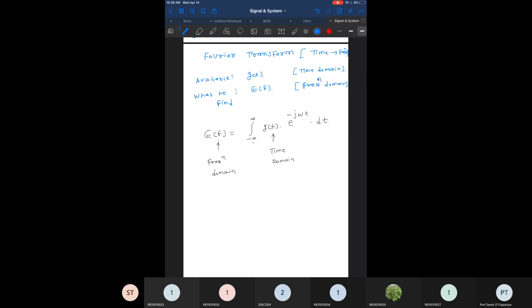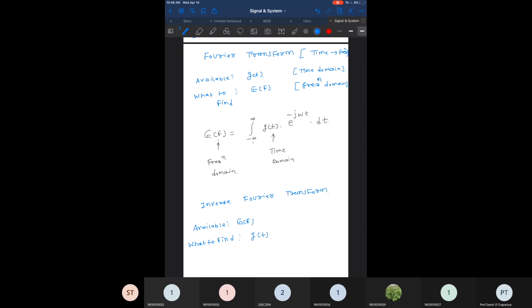Now, if you go with the inverse Fourier transform, in inverse Fourier transform, we apply some process on the signals and convert the signals into a frequency domain, so then we have g of f available in that case. And what we have to find here is g of t. So the main objective is to find g of t.